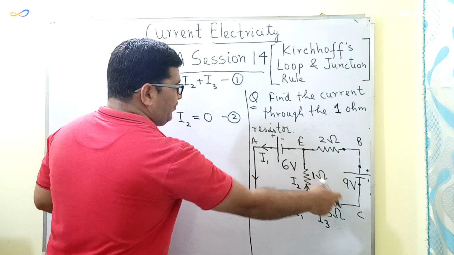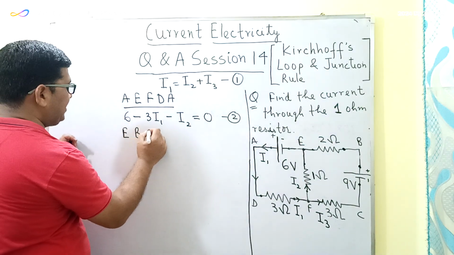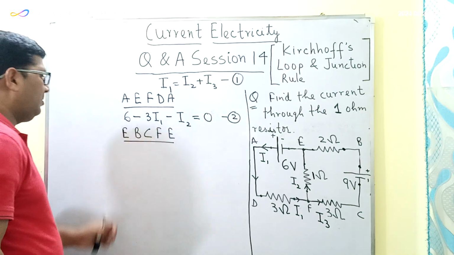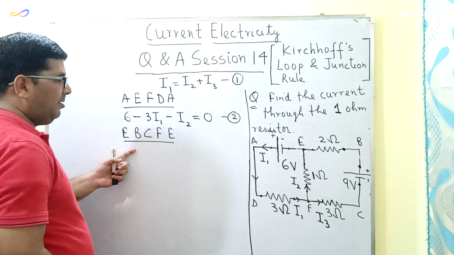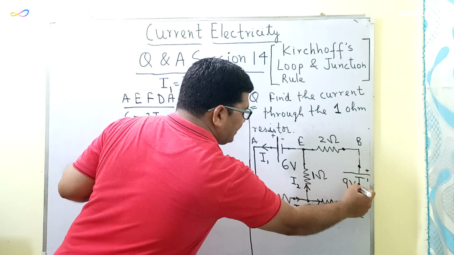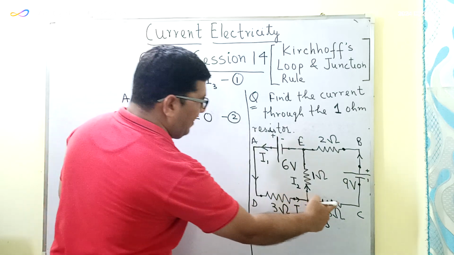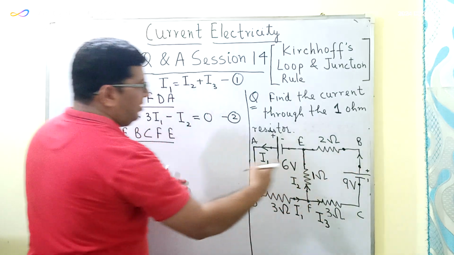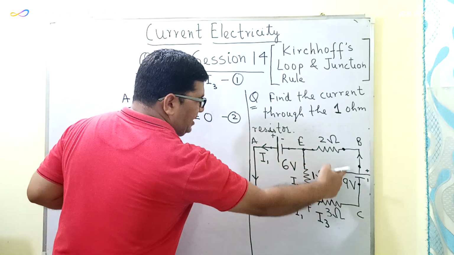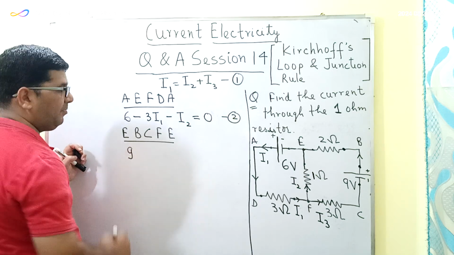Now consider the loop EBCFE. Here this I3 current is flowing through this EMF source having a value of 9 volts, so for this loop, the potential difference across this EMF source will be positive, that is, it will be equal to 9.